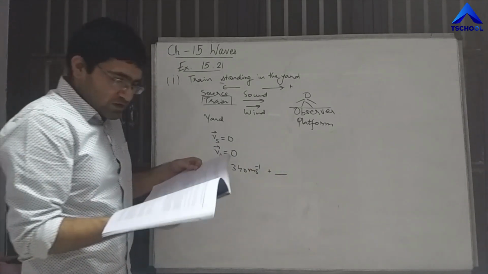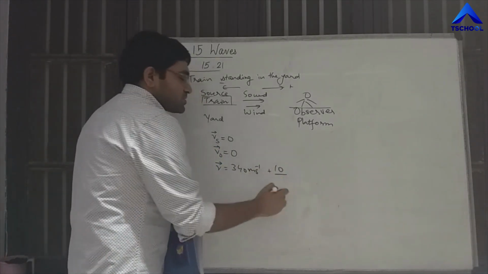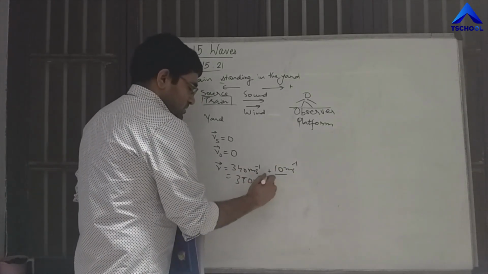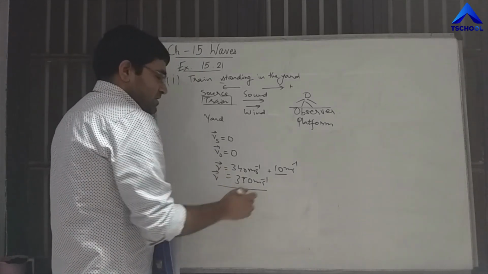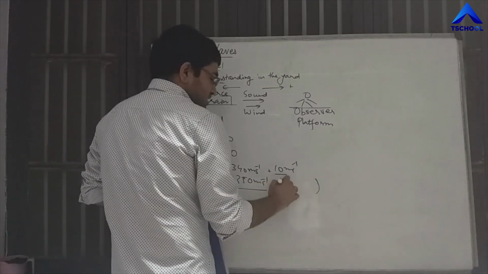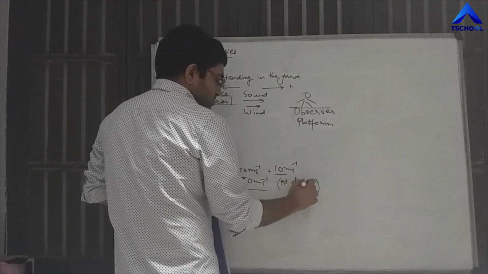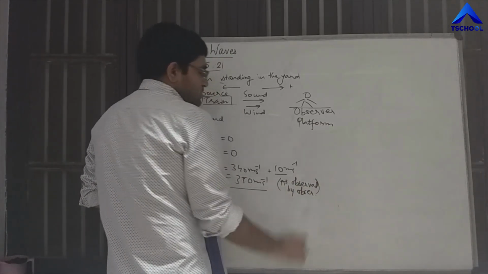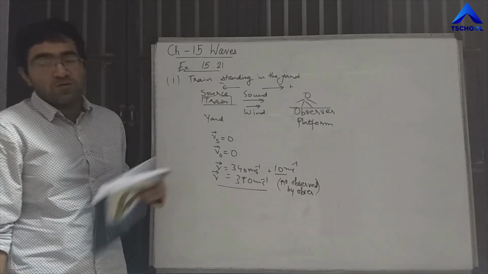And the speed of wind again is 10 meter per second. So finally what we have is that speed of sound is 350 meter per second. This is obviously as observed by the observer, don't forget that.